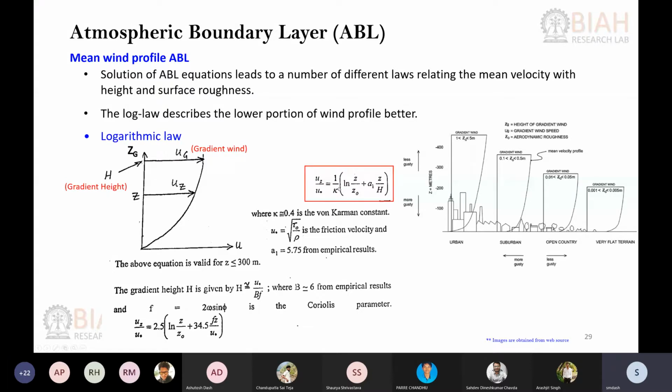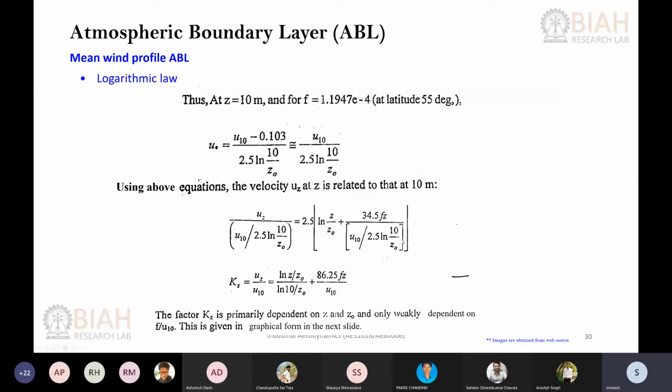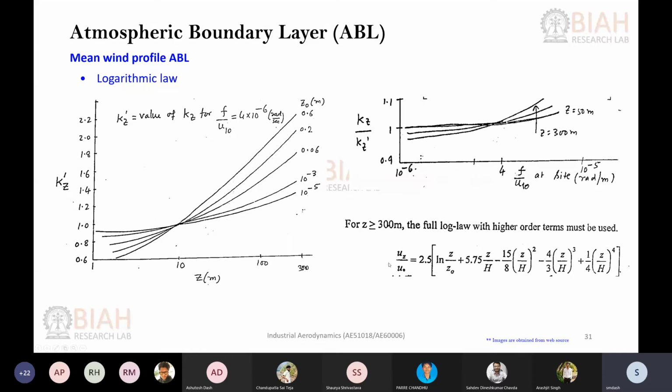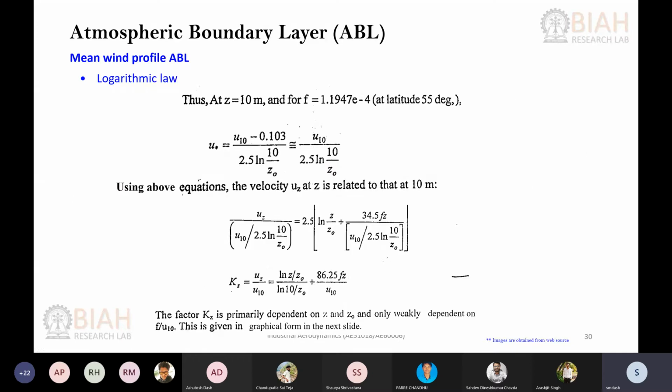We have simplified it for different ground conditions. For example, if you're very close to the Earth's surface, then you can neglect the frictional term. Then the form of the equation will be simplified.